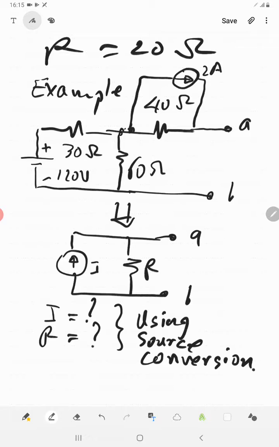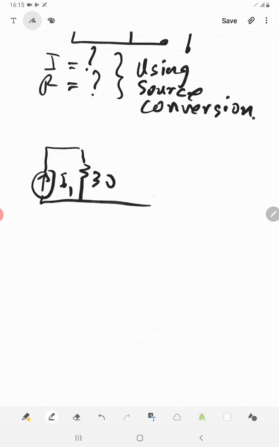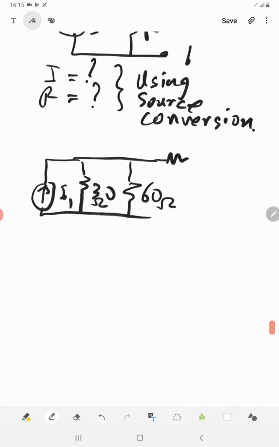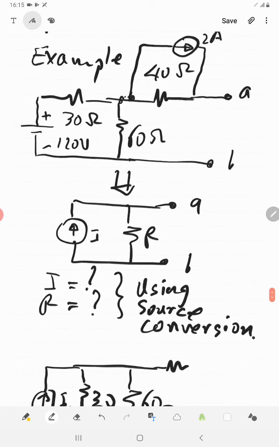You see this voltage source and the 30 ohms are in series. We need to convert it to a current source. Okay, so the 30 ohms will become a current source I1. This is the direction of I1, and we have 60 ohms, and here let me go back to this one, 40 ohms and 2 amps.